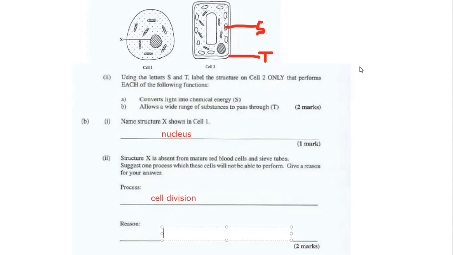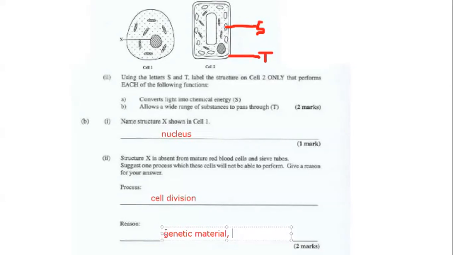So there is no genetic material that will allow for it to occur. Anything else we can add to that? Could we say that cell division occurs in the nucleus? So once we don't have a nucleus, there is no cell division. That means that genetic material will not be passed on.